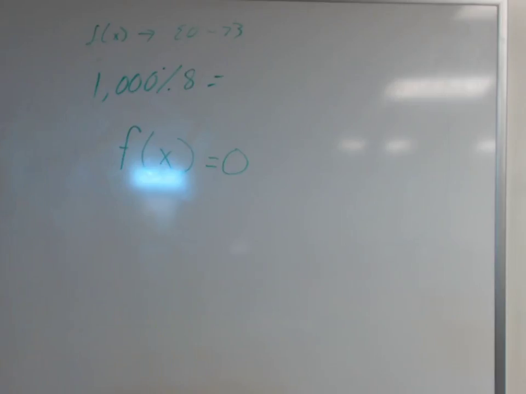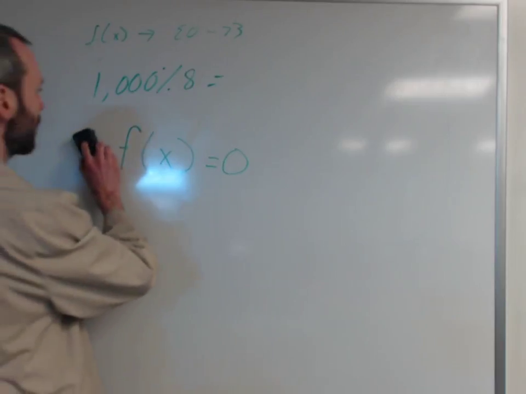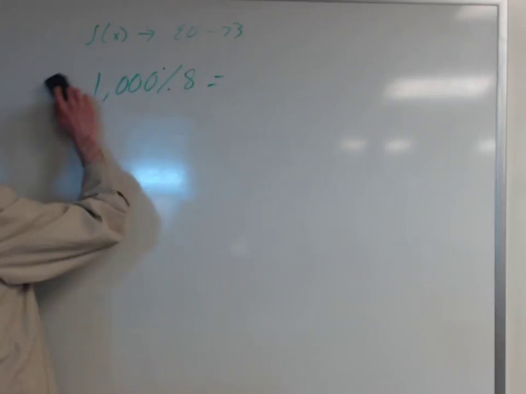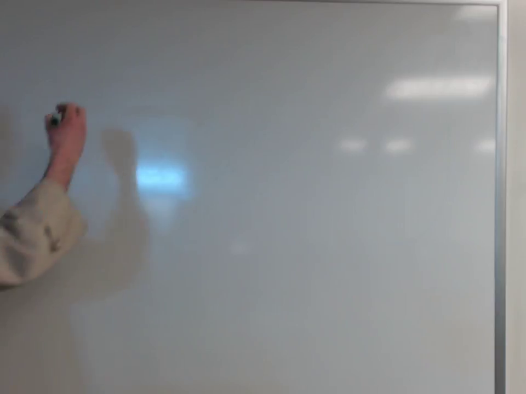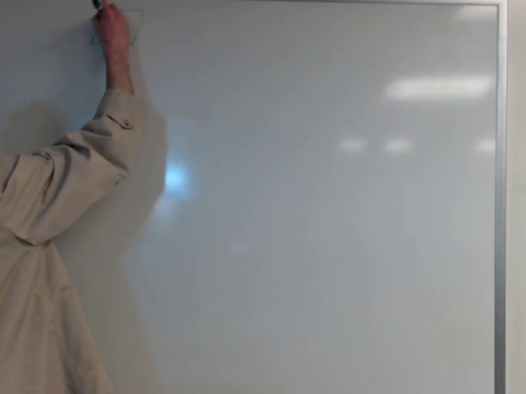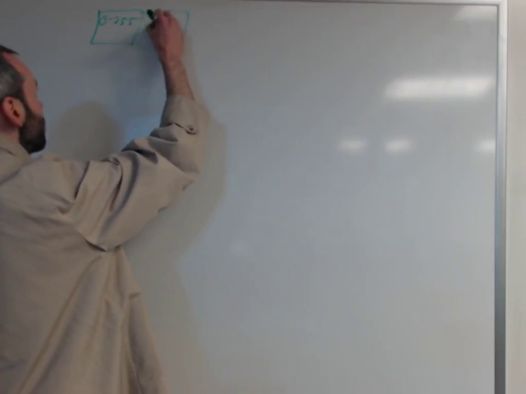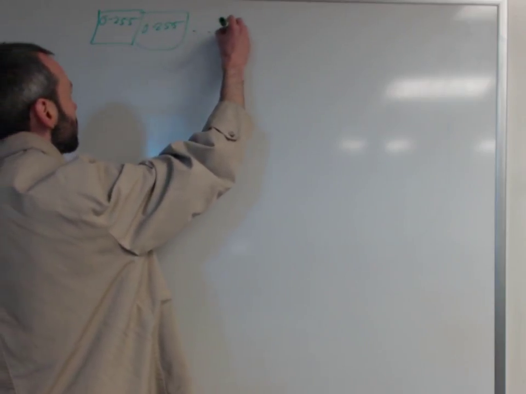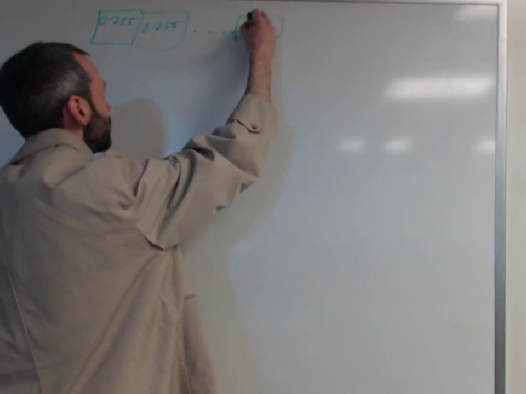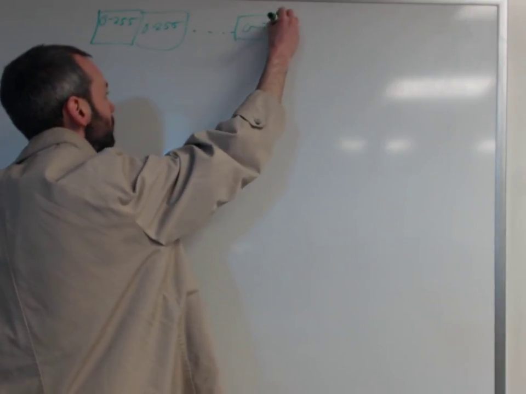What is a string actually composed of? Characters. And what are characters actually? They're actually a number from 0 to 255. So you really have 0 to 255, dot, dot, dot, 0 to 255.